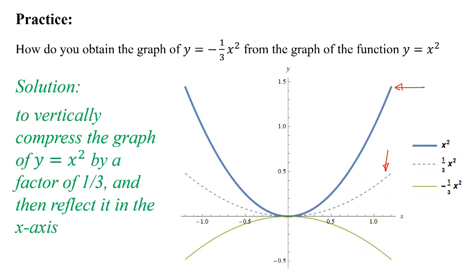And then because we have a minus sign here, we also need to do a reflection over the x-axis, and then the curve comes here. This is the graph of the function y equals -1/3 of x squared. Understand?